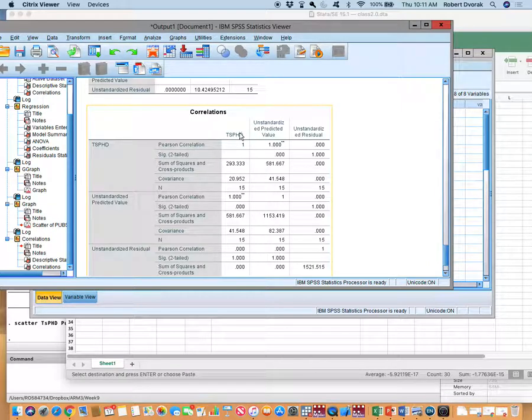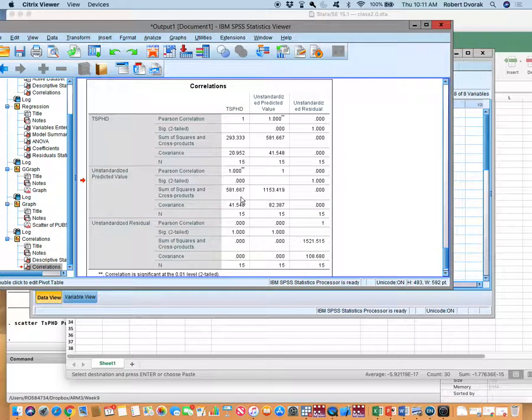And we can see right here, time since PhD, the correlation with our predicted value of y. And again, what's the name of our predicted value of y? What do we call that? Y hat is 1. That is the perfect relationship between x and y.